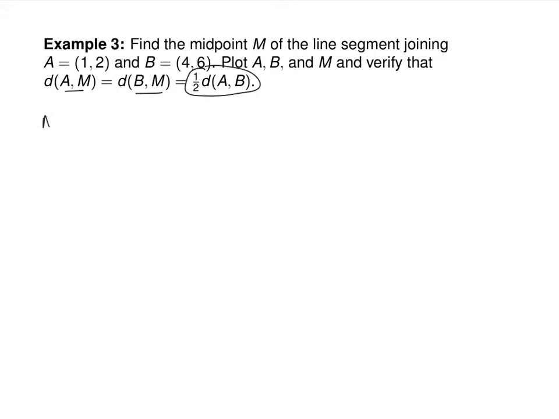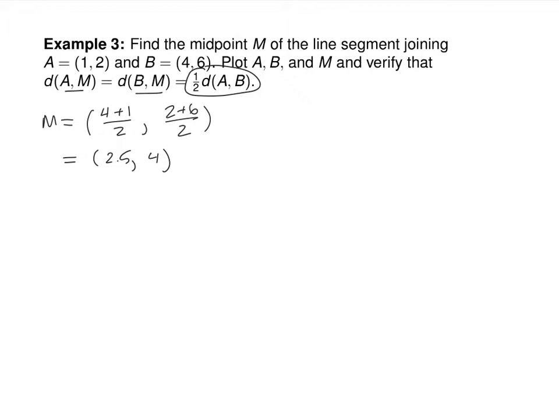The midpoint will equal the average of the x's, so 4 plus 1 over 2. What do I add to average the y's? 2 and 6. 2 plus 6 over 2. So that's 5 over 2, or 2.5, right? And 4. Does that seem right?